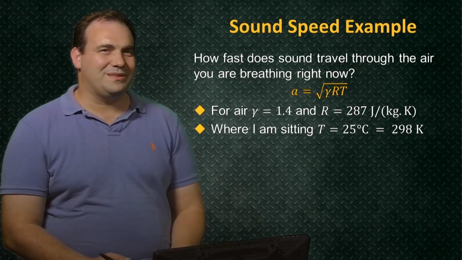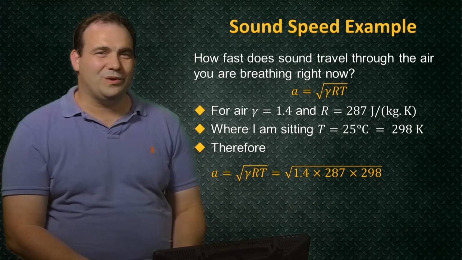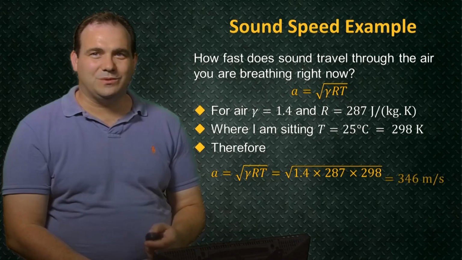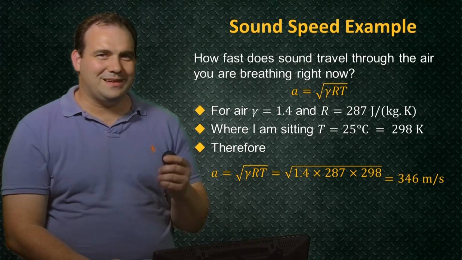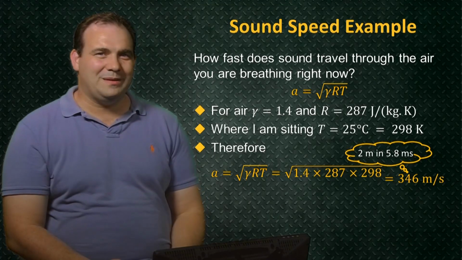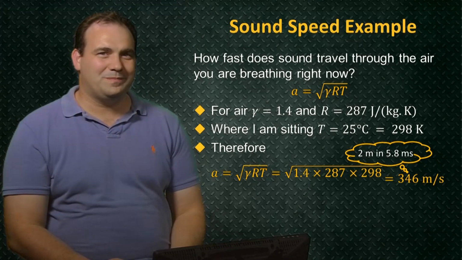You may need to modify this calculation for your local temperature. Using this data, the sound speed is given by the square root of 1.4 times 287 times 298, which is equal to 346 meters per second. This means that it takes sound only 5.8 milliseconds to travel the 2 meter distance from me to the camera.